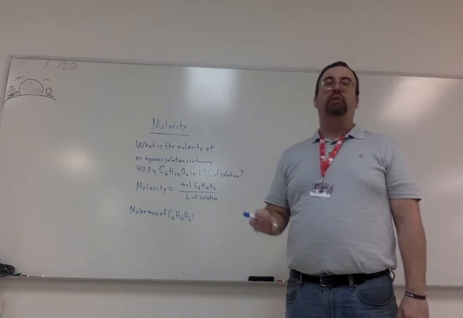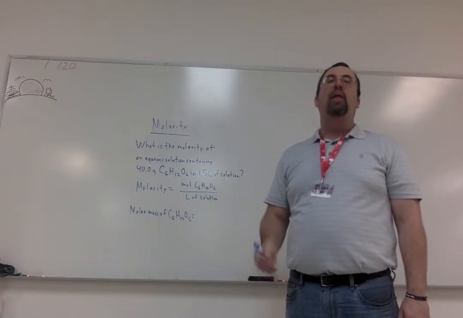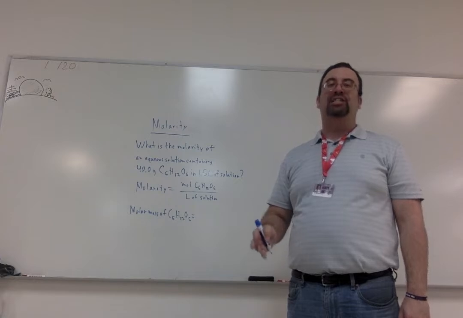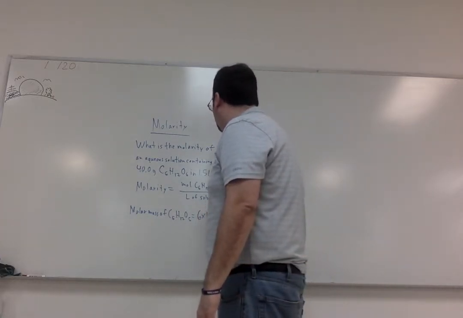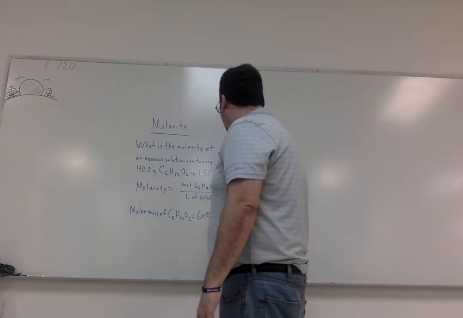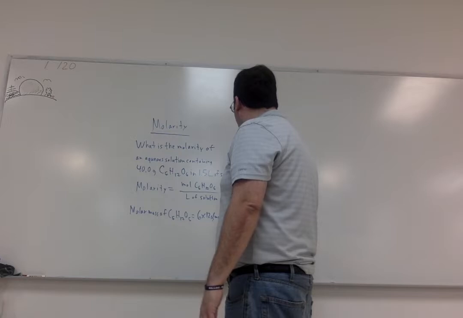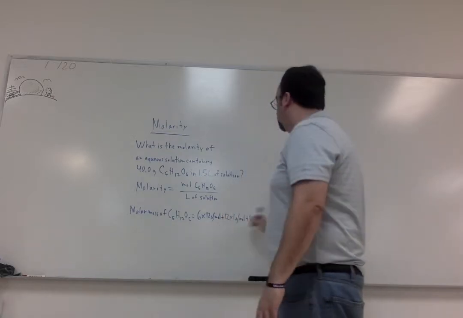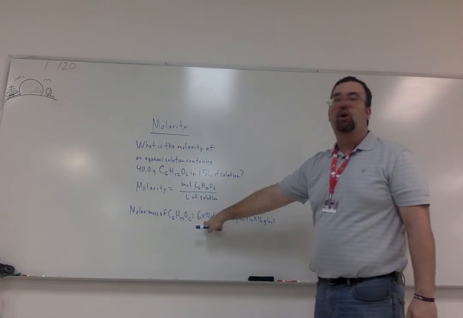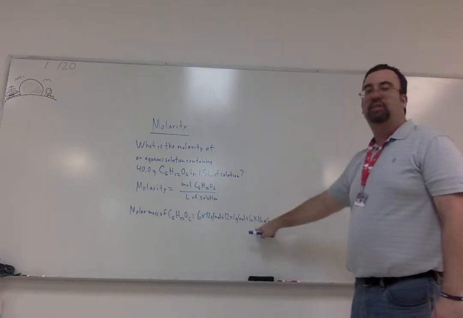Remember that carbon is roughly 12 grams per mole, hydrogen is only 1 gram per mole, and oxygen is approximately 16 grams per mole. And so we're going to take 6 times 12 grams per mole plus 12 times 1 gram per mole plus 6 times 16 grams per mole. So this represents the carbon, this represents the hydrogen, and this represents the oxygen.